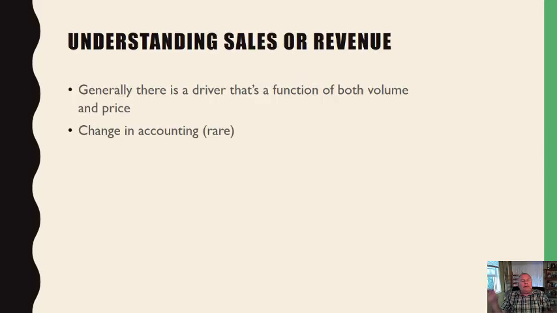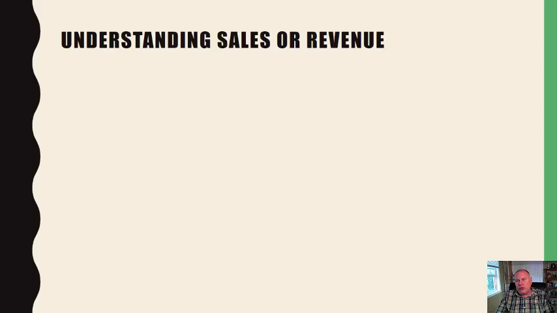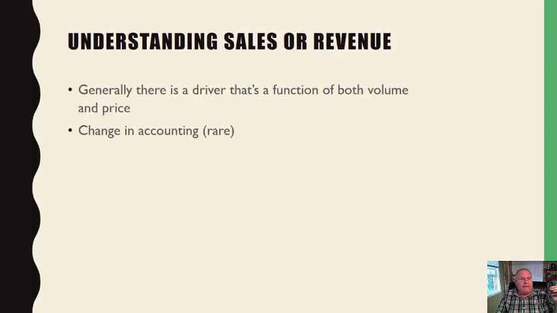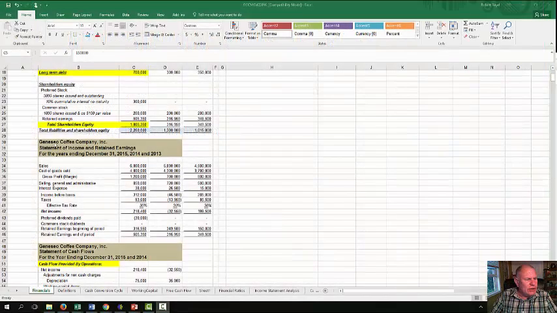Now, there's a driver that's a function of both volume and price. We could have a change in accounting. That is fairly rare. Let's take a moment and look at both Geneseo Coffee Company and DXL sales or revenue. So we start at Geneseo Coffee Company, and we're right here, a statement of income and retained earnings for the years ending December 31st, 15, 14, 13.